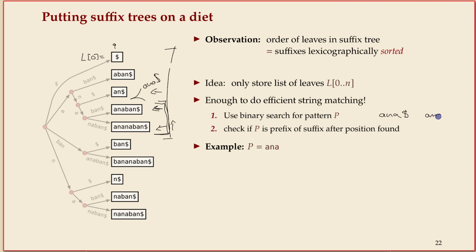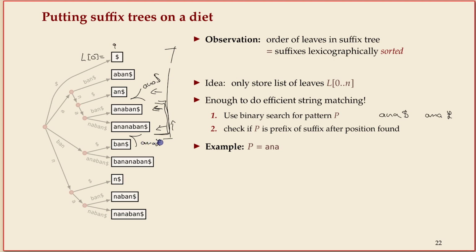I could do a second search, Anna pound, where pound is bigger than all dollars. Of course, pound's bigger than dollars. If you do this binary search again, you would find that it should go in between here.